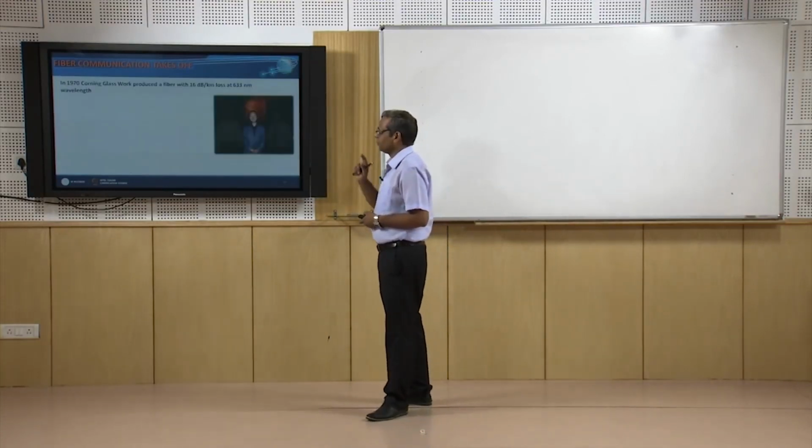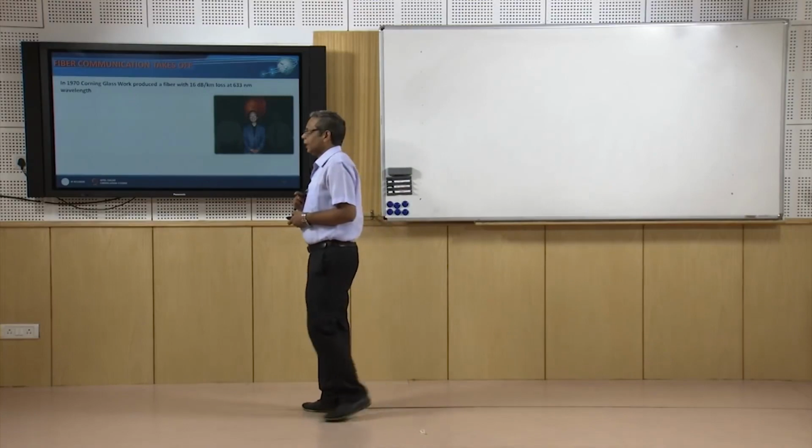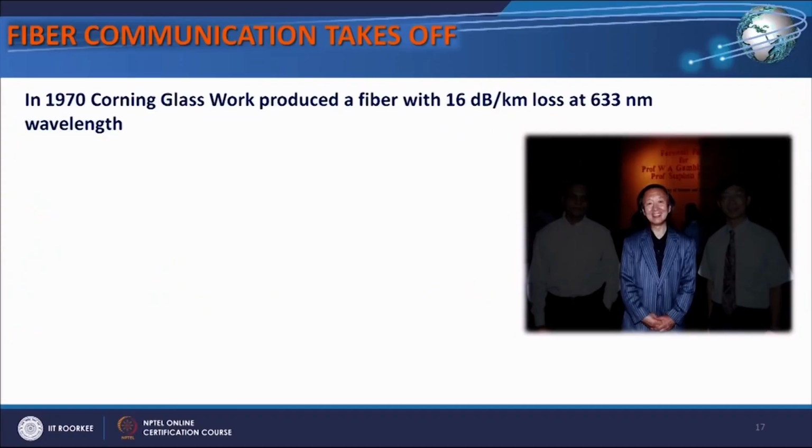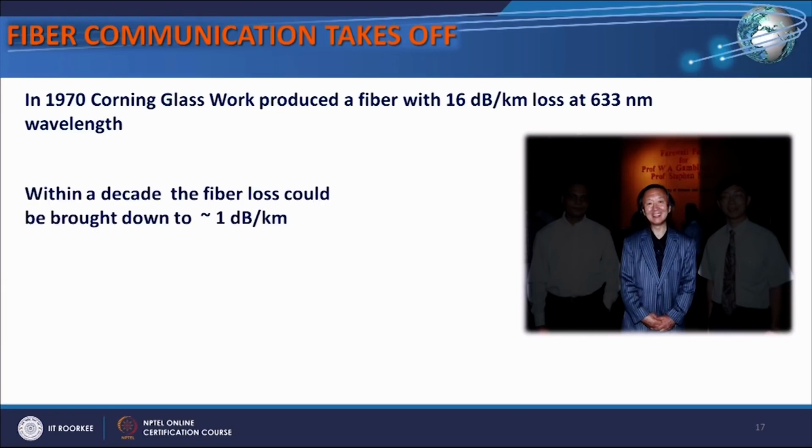And then there was another revolution. In 1970, Corning Glassworks produced a fiber with 16 dB per kilometer loss at 633 nanometer wavelength, and within a decade the fiber loss could be brought down to about 1 dB per kilometer, and it was just the beginning.